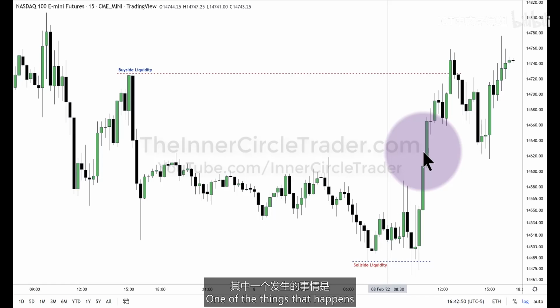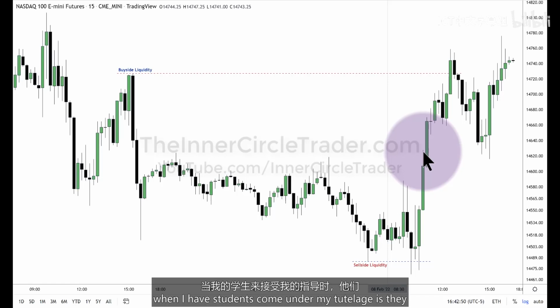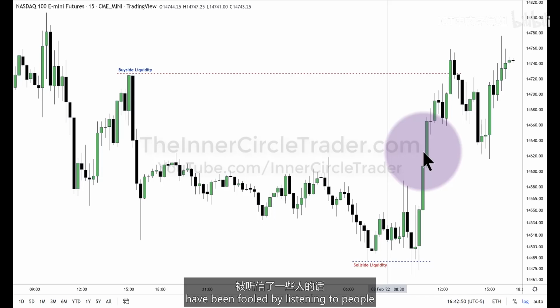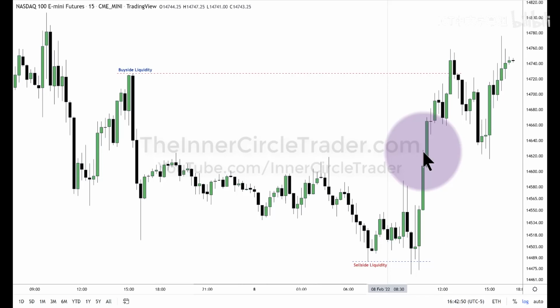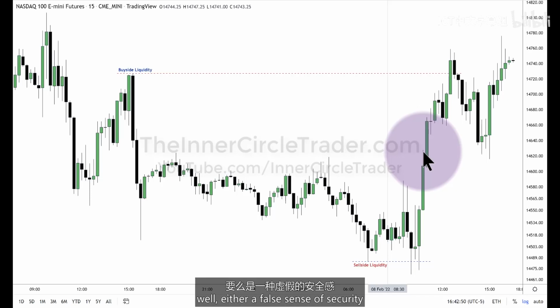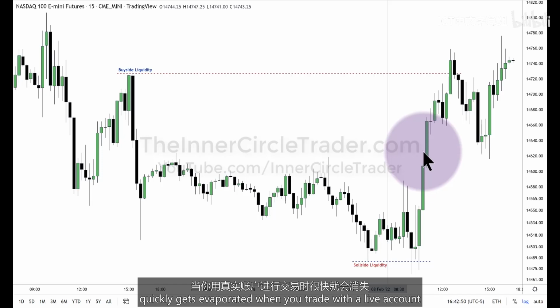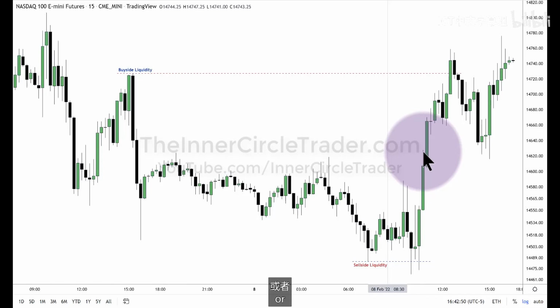And one of the things that happens when I have students come under my tutelage is they have been fooled by listening to people talk about the left side of the chart all the time, and they can't execute on the right side. It is useful in the beginning, but if that's all there ever is, and if your educator can't trade on the hard right edge of the chart, it either gives you a false sense of security or confidence that quickly evaporates when you trade with a live account, or creates analysis paralysis.